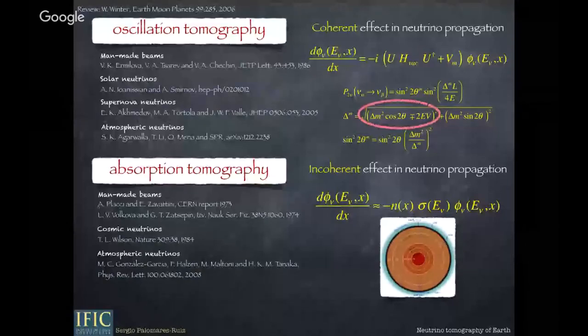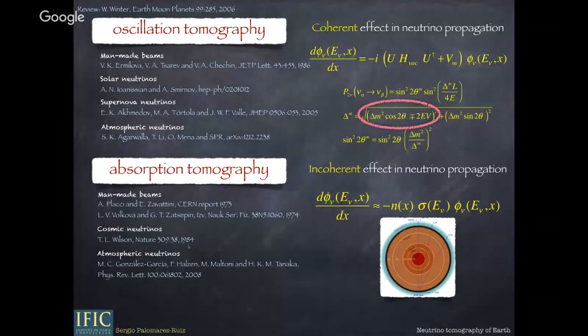Then there were other proposals, for instance, for using cosmic neutrinos that could have very high energies, and also atmospheric neutrinos, about a decade ago. This uses the incoherent effect in neutrino propagation. So this is related to the imaginary part of the forward amplitude, which is related to the cross section. Basically, this is the absorptive part.